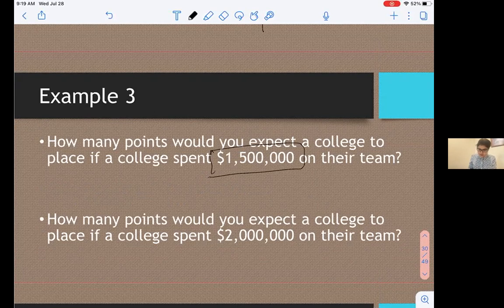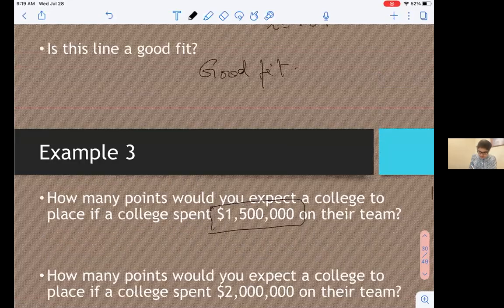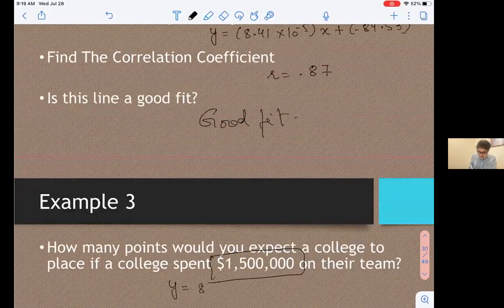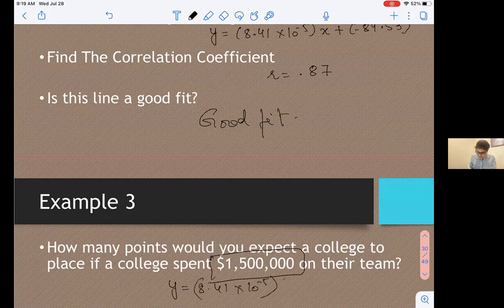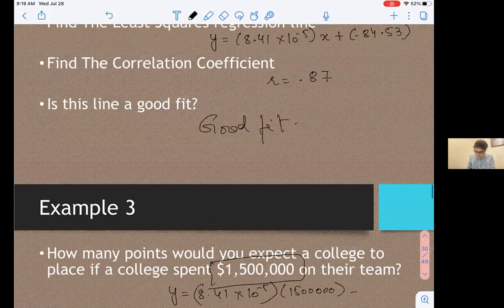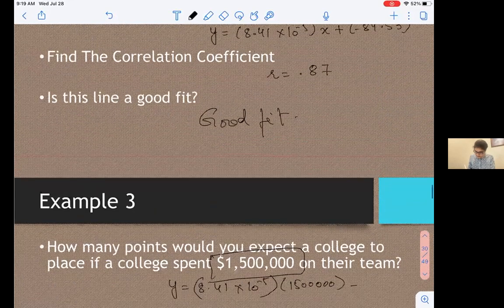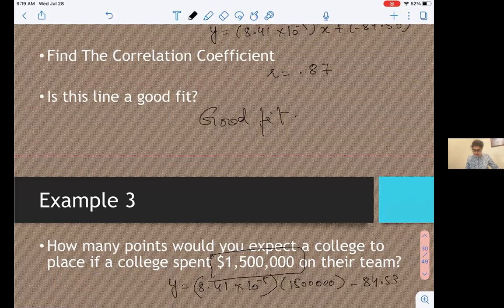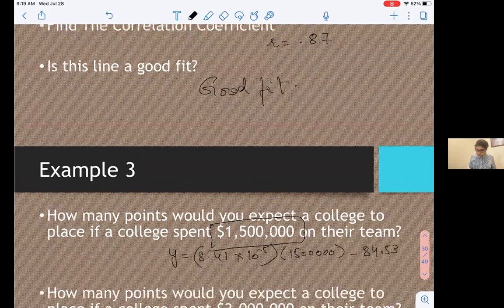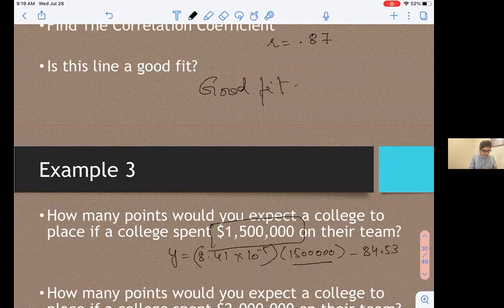So on your regression line, y equals 8.41 times 10 raised to power minus 5, x is 1500000, minus 84.53. What I have done is just place this value that is given at the value of x.